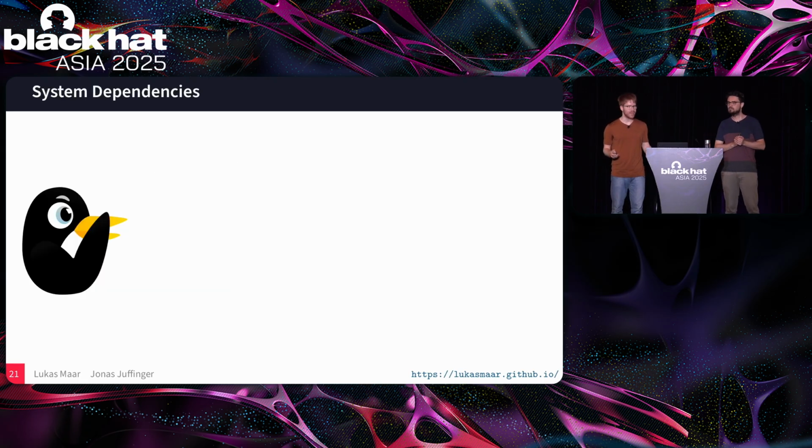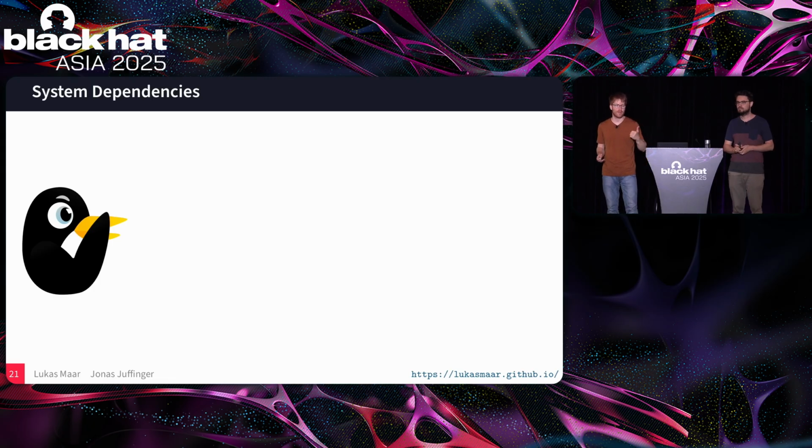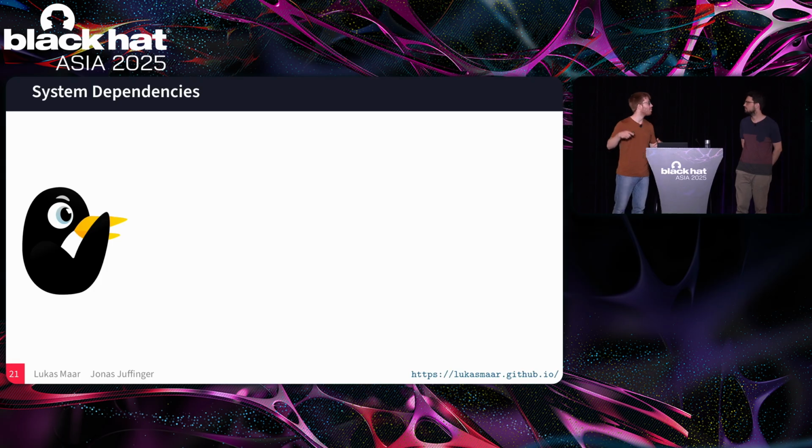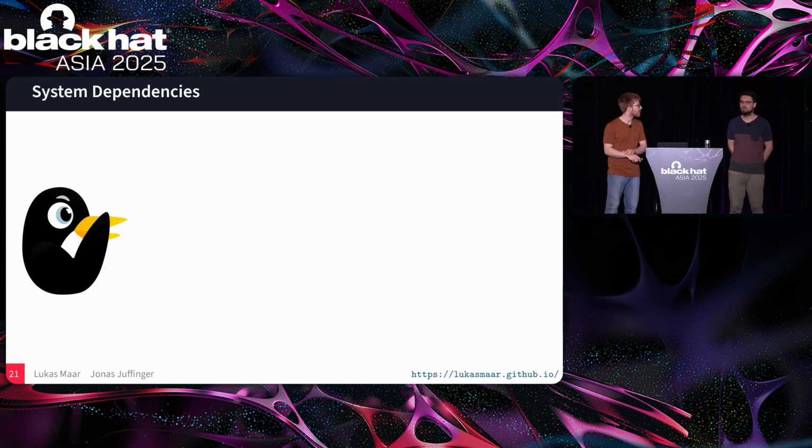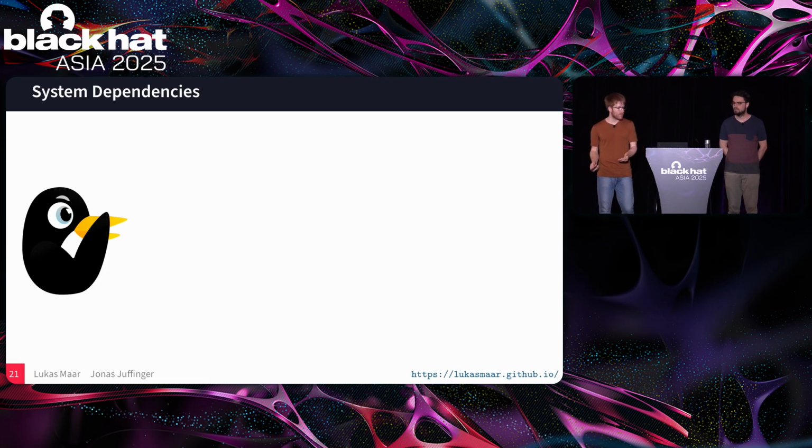So what we need, as Jonas said, is to know how large the struct slab is, and how many objects, so how many structs are within one slab. This depends on the system. That's a typical thing for kernel exploitation. Most kernel exploits need some kind of information about the target system.